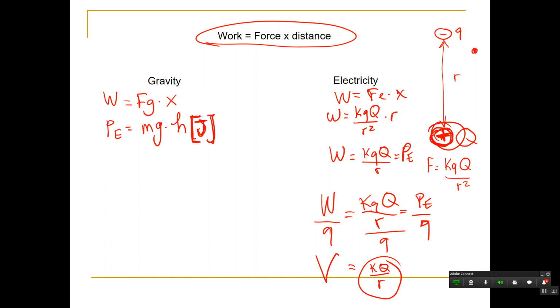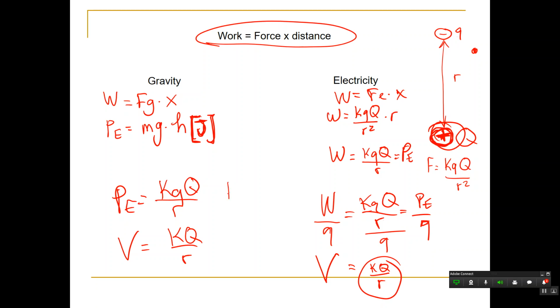So we have two new relationships that we can consider now. We have that electric potential energy is equal to KQ1Q2 over R, and we have that voltage, or just potential, is equal to KQ over R. That's confusing because now we have four formulas that look very similar.